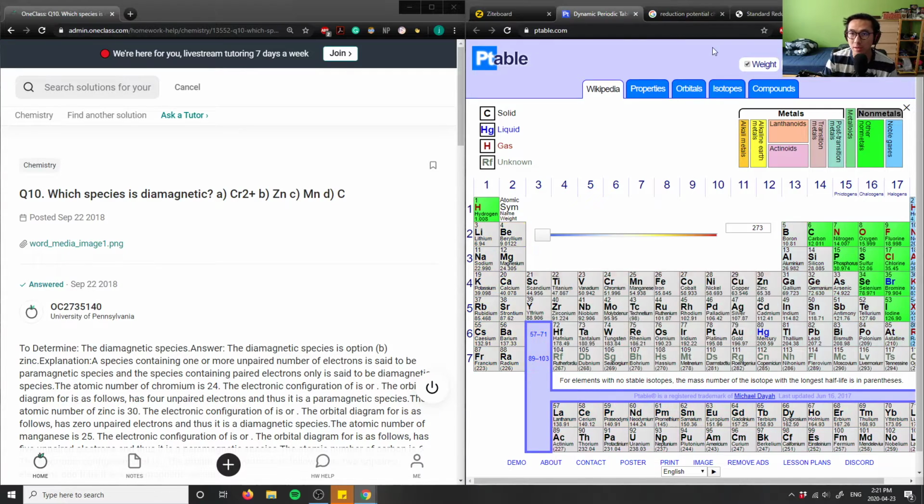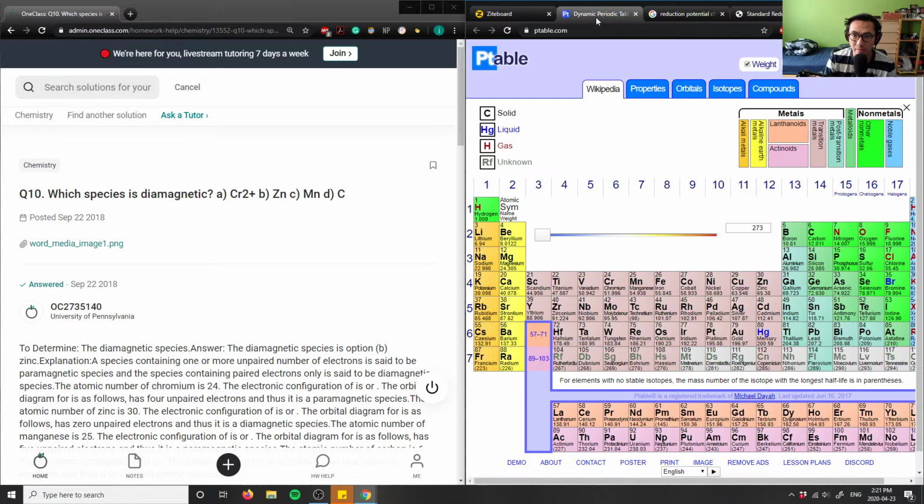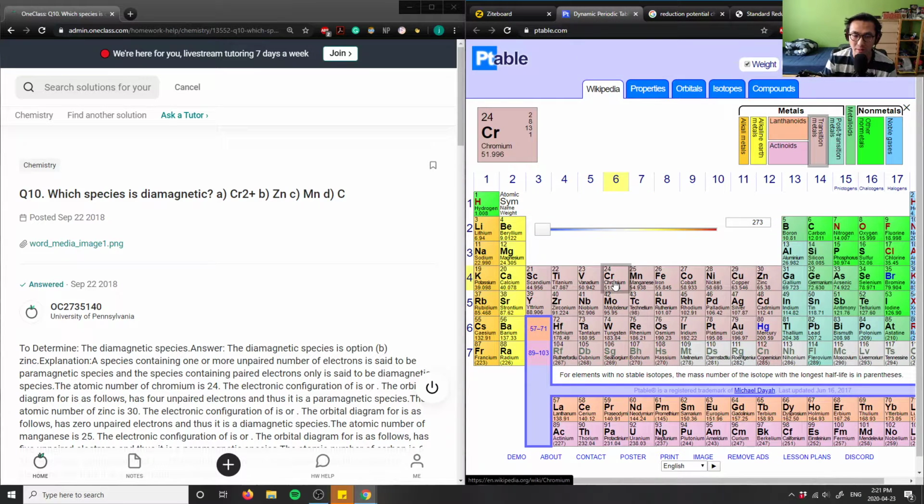Okay, so let's look at the electron configuration for chromium. I have to find chromium on the periodic table, right? So this here is chromium, and I have to figure out the electron configuration.